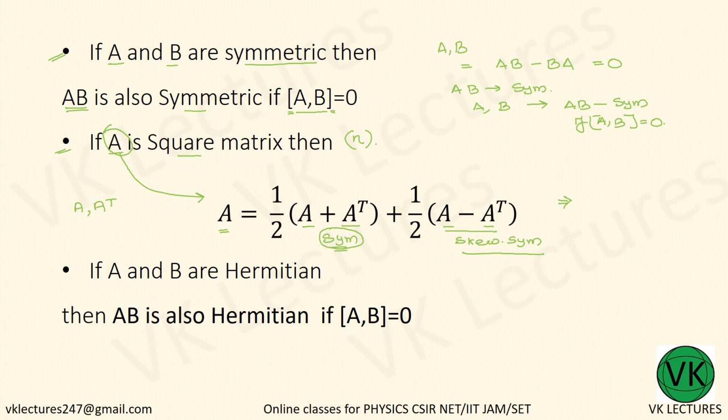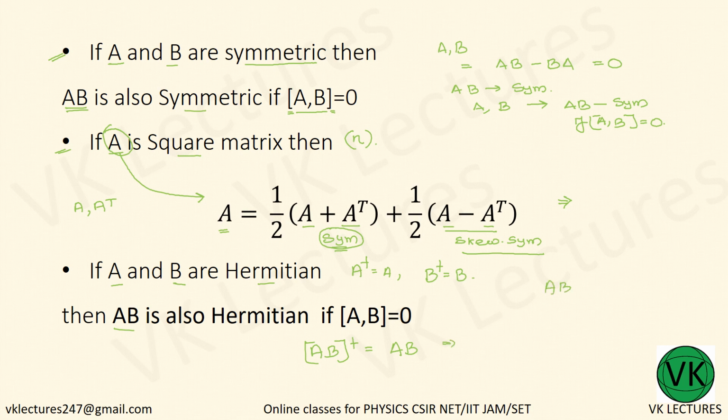Now if A and B are Hermitian matrices, which means A dagger equals A and B dagger equals B, then AB is also Hermitian, that means AB whole dagger equals AB. Now how do you write AB whole dagger?